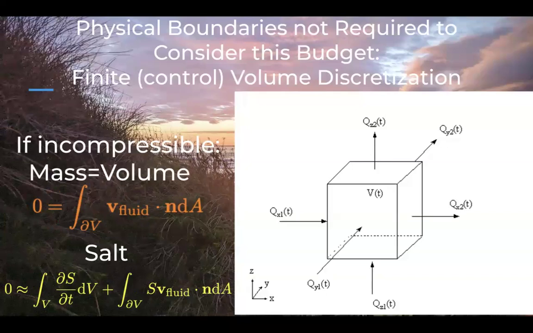Maybe not in one place, it could come in 1 and go out 5, or whatever it wants to do. But that's the conservation of volume, which, if the density is conserved, is the conservation of mass. And again, we can write a salinity equation without the density in it. So the density has been removed from these equations, and in these conservation laws, we're just keeping track of the density passively.